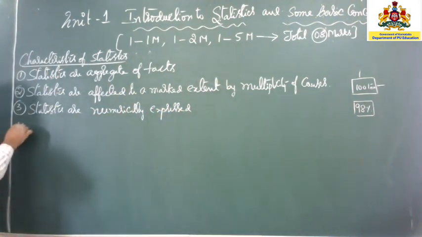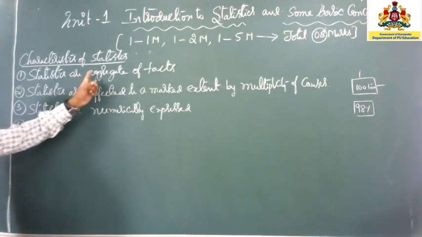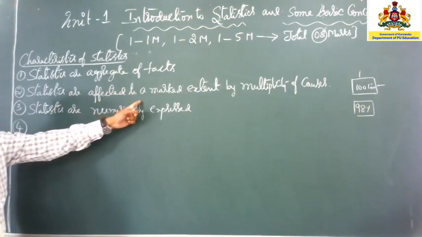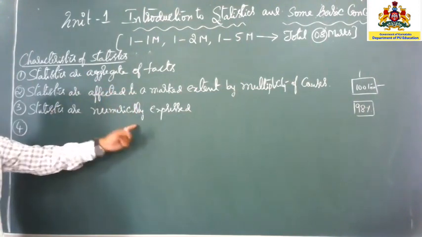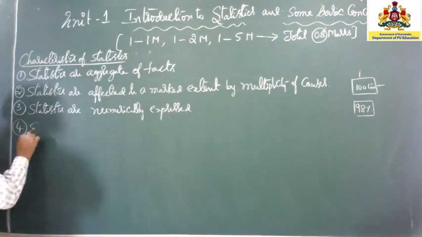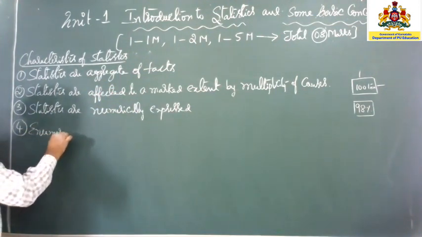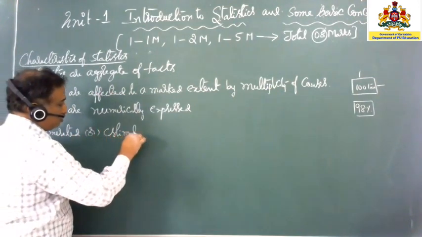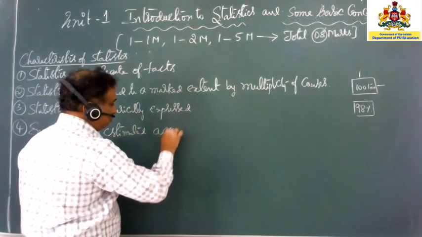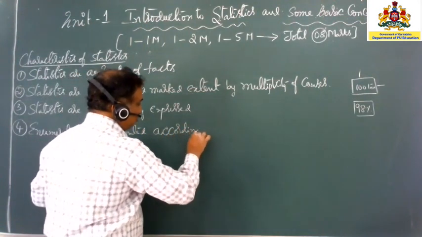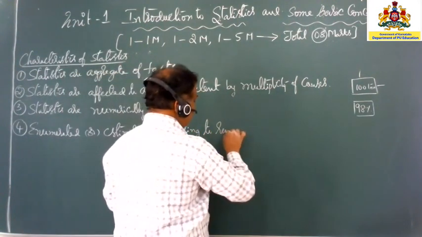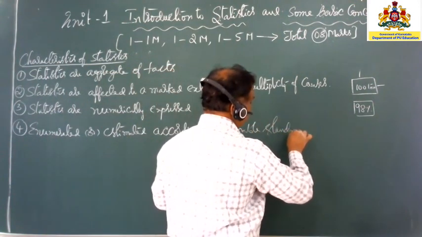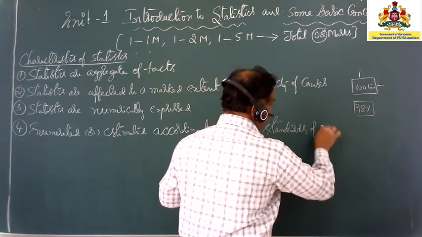Next, the fourth step in statistics are aggregate of facts, marked extent by multiplicity of causes, numerically expressed. The fourth step is enumerated or estimated according to reasonable standards of accuracy.